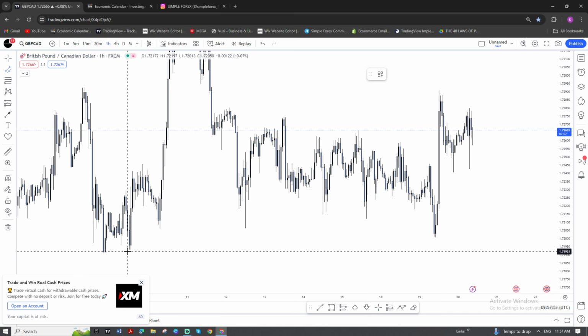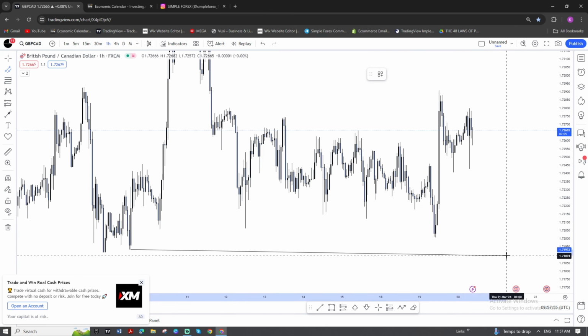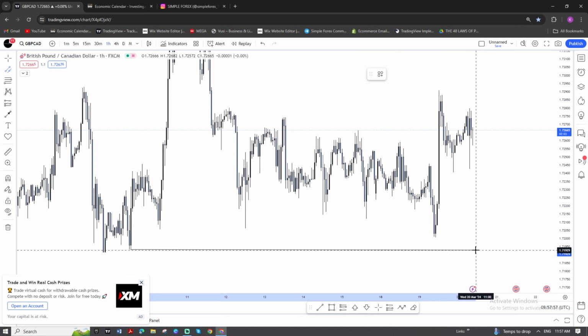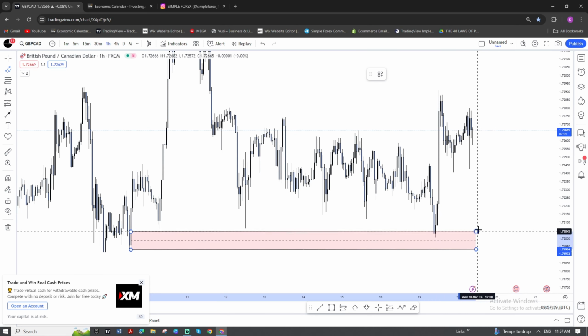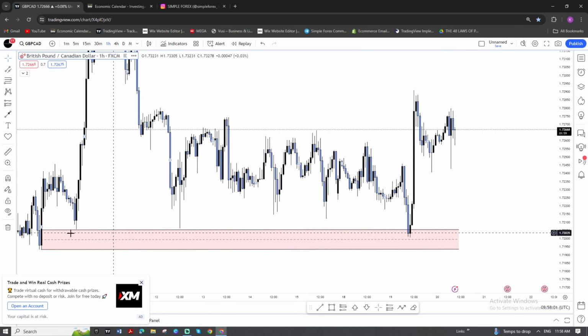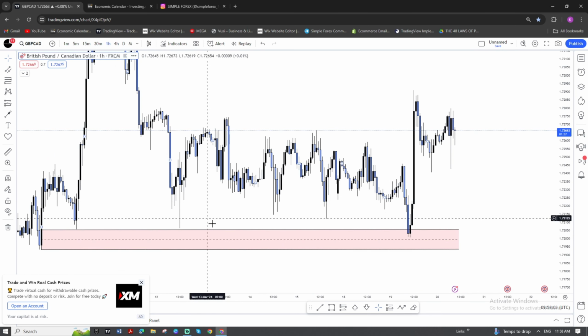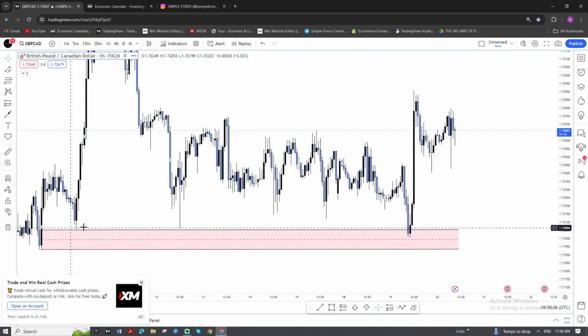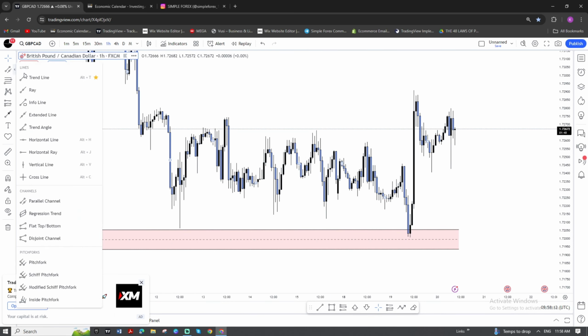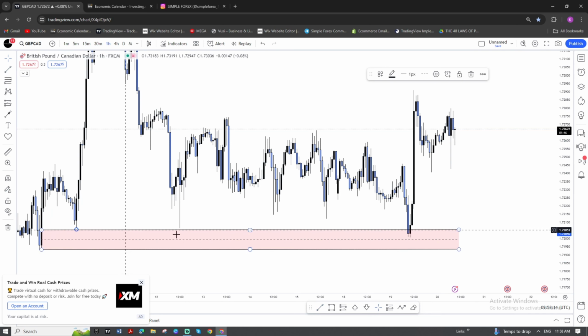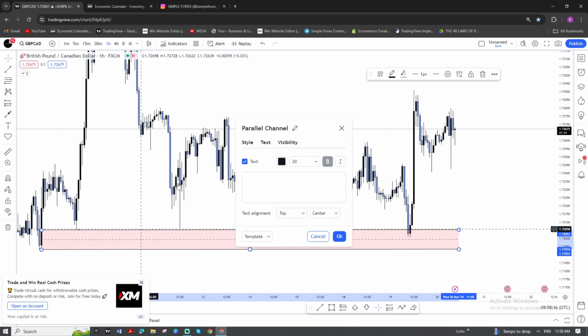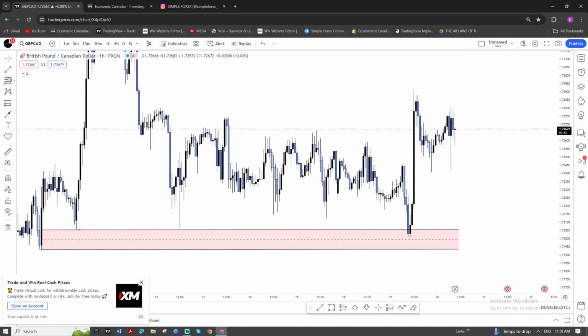Let me just mark it out. It's like an extreme order block over on that zone here. It mitigated those zones. It took out all of these lows over here. We could call this a level of liquidity. These two points could make a level of liquidity too.